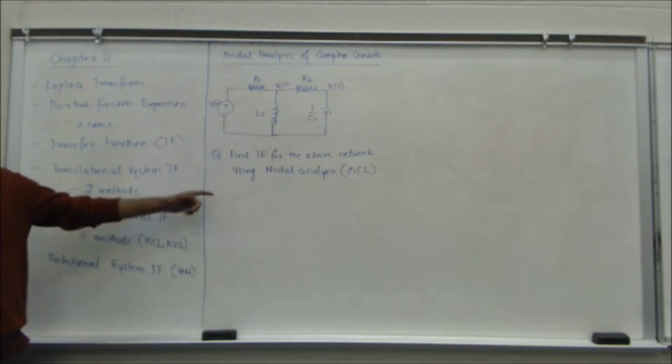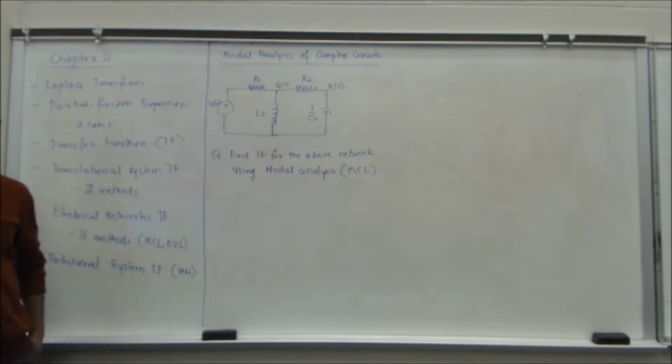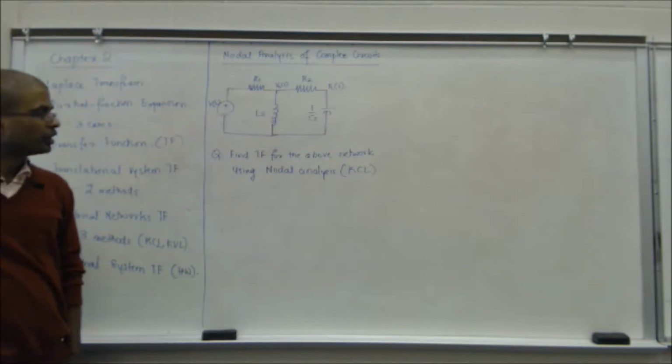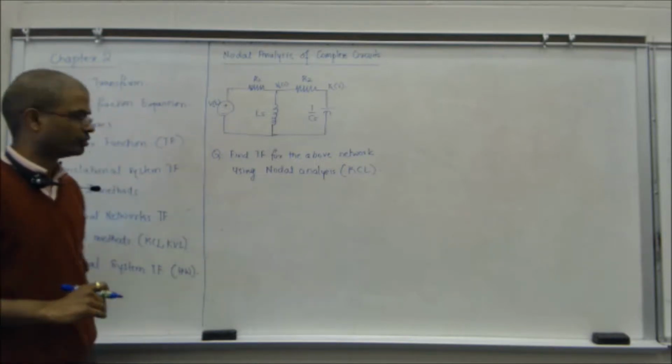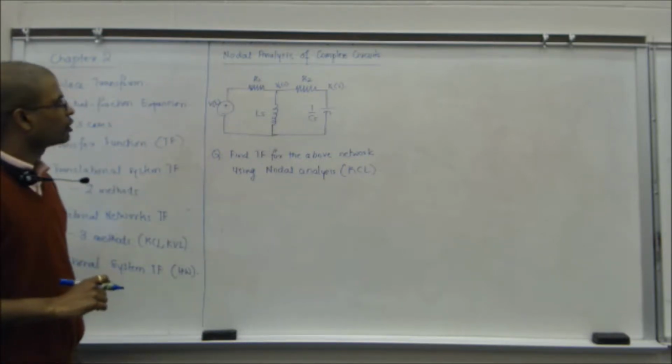You cannot get away without using Kirchhoff's current law, because, for example, when we go to chapter 3, you will be forced to use Kirchhoff's current law. There you don't have an option. So it's better that you learn Kirchhoff's current law, and it's not that difficult actually. It's pretty simple.